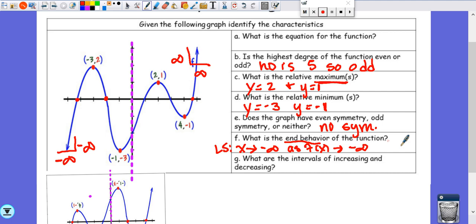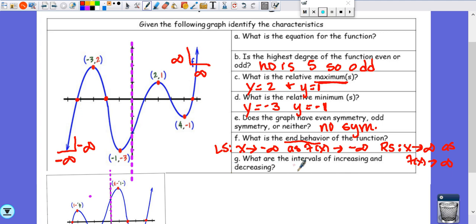And then for the right side, x is going to approach, this is the x-axis, positive infinity, as f of x, or the y, is going to approach, and you see how this is positive? You would say positive infinity.